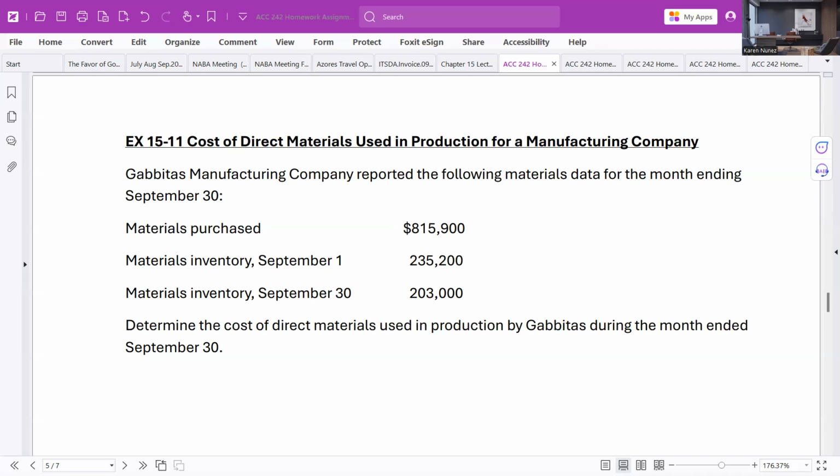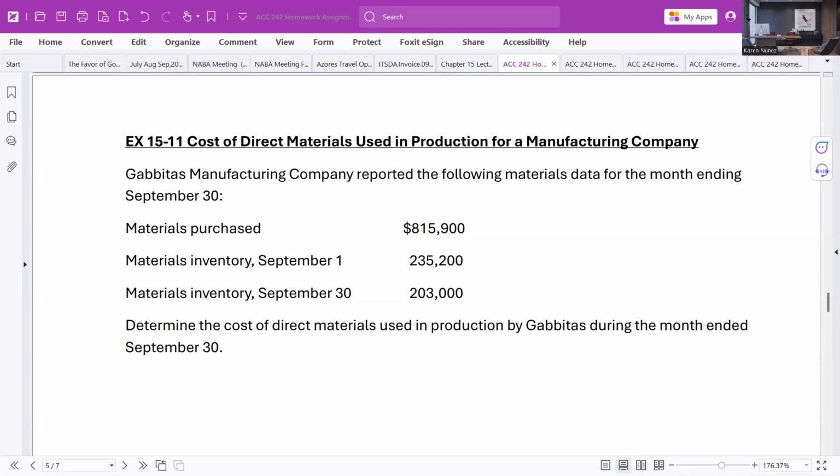Subtract what you have at the end of the period, and that will give you what you've used, the cost of what you've used, those direct materials used. We're given everything we need here. We've got the beginning inventory. We know what we purchased. So it's the beginning plus what you've purchased is what's available. Subtract what you have at the end, and that's going to give you the cost of those direct materials.